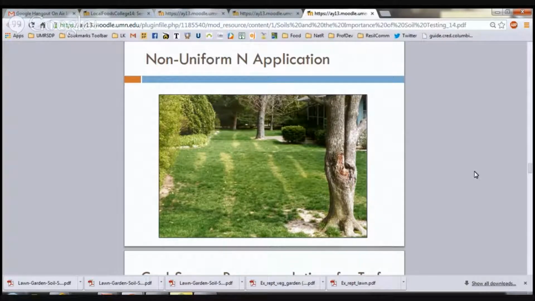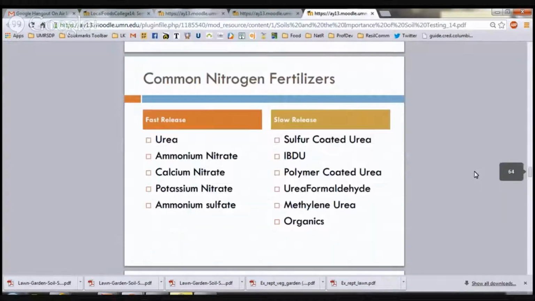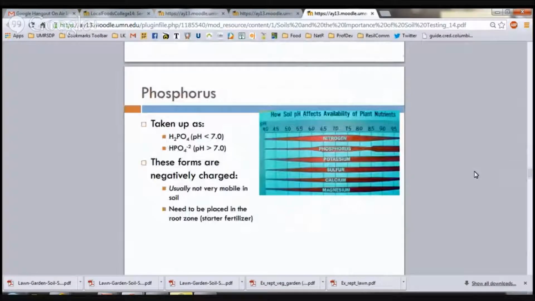The next one would be phosphorus, and the pH determines what form of phosphorus you find in the soil. Obviously, optimum pH is really important because then you get both forms. But phosphorus has some environmental conditions, so I tell my students all the time, if you are even thinking about putting phosphorus down, always do a soil test.